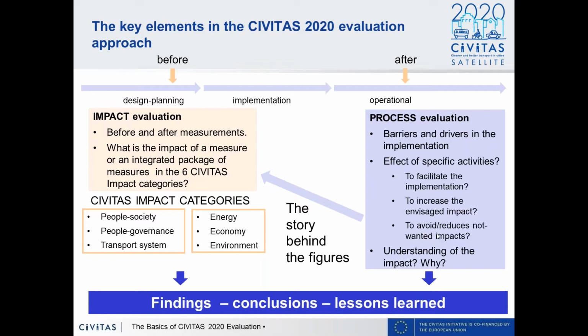And of course, a good evaluation should also understand what's happening there. So this is also an aspect where some of the extra activities can work to avoid these negative things. And of course, this last example has also an impact on the impact evaluation.